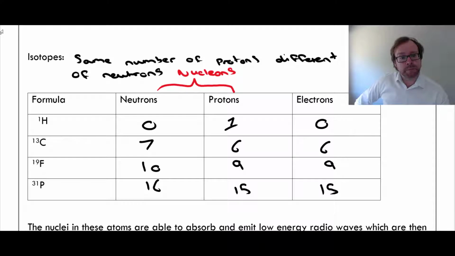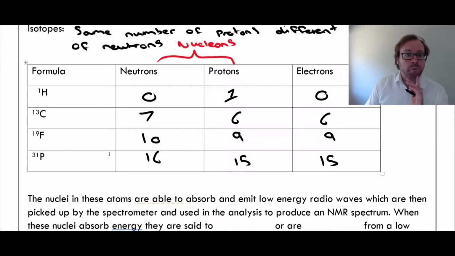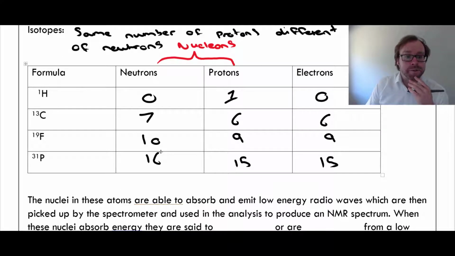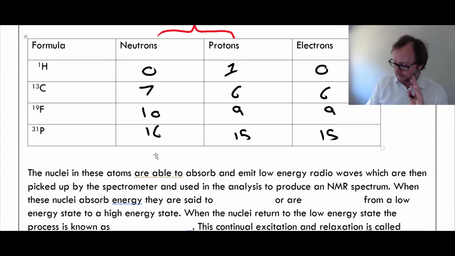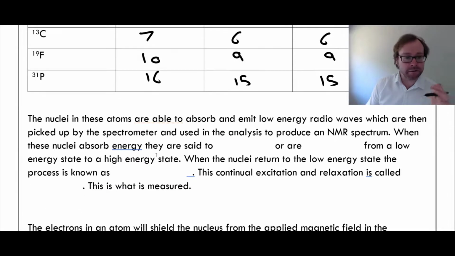What we're talking about when we say nucleons is just the number of neutrons and protons added together, which you will notice is the same as the mass number, and all of these have uneven numbers of nucleons, which is very important. So we have to use one of these when we are doing NMR spectroscopy. Again, some background knowledge.